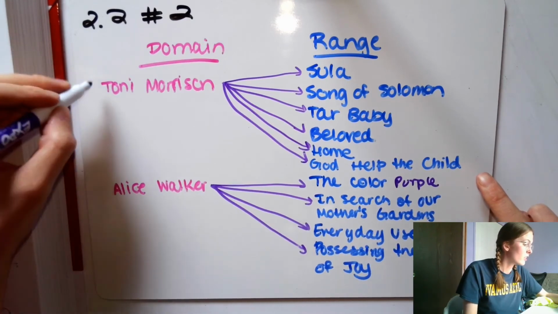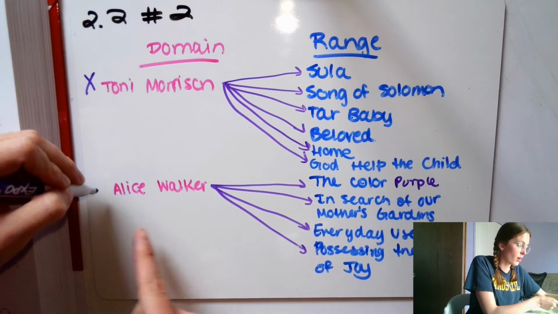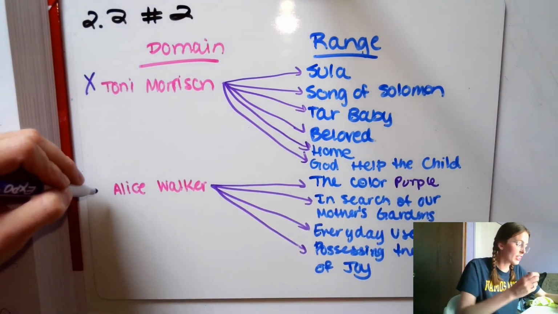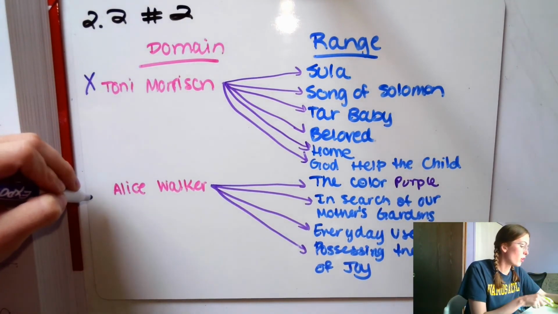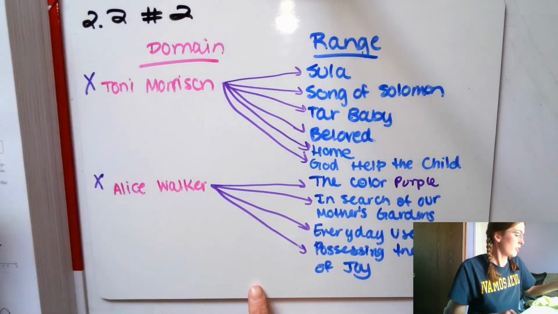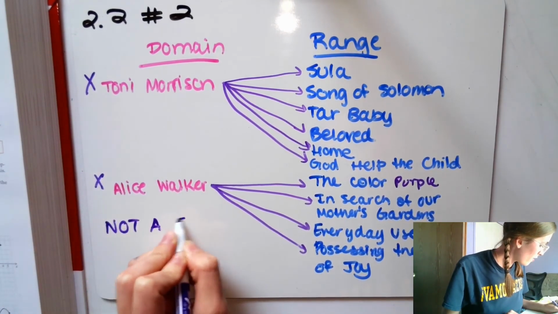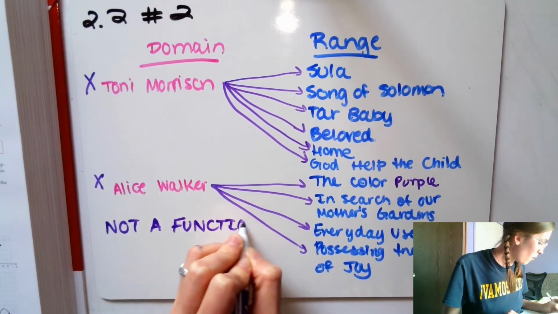So nope, not a function. And for Alice Walker, there's also at least 4 outputs. There is actually more than that. She's written a lot of books also, so not a function. And why is it not a function?